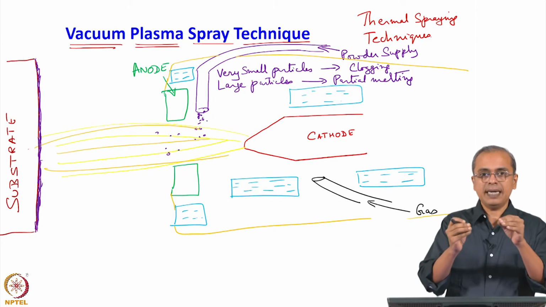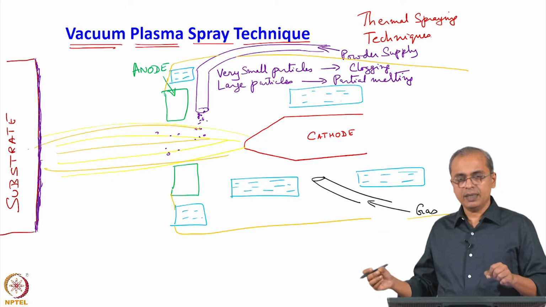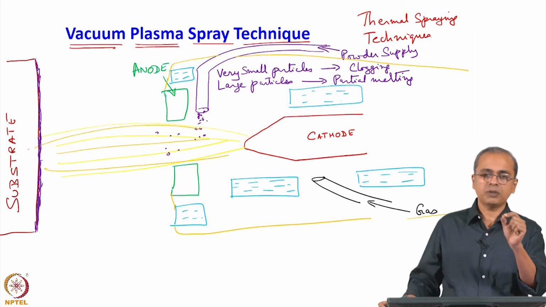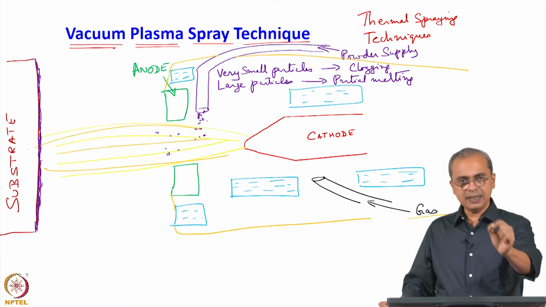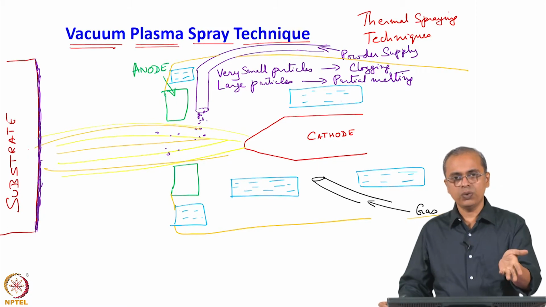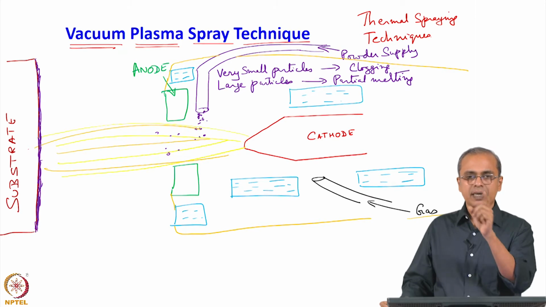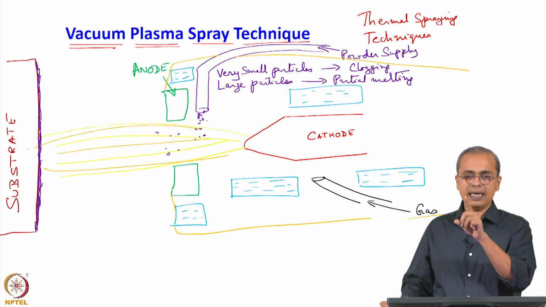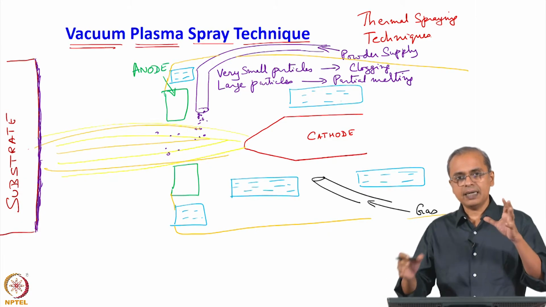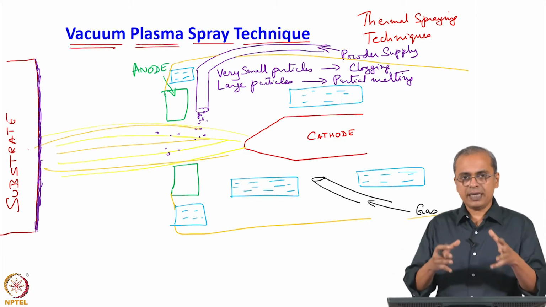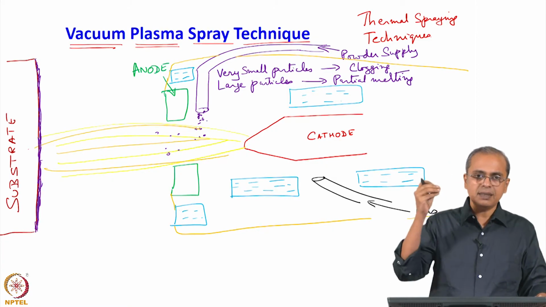Yes, on the one hand you have 10,000 Kelvin, on the other hand you have an 80 micron particle moving at around the speed of sound, or maybe even more, racing towards a target. Once it hits the target, it is going to cool to liquid nitrogen temperature. So, you have a very tiny amount of time during which this particle has to melt and stay molten till it hits the target. Even though you are putting 10,000 Kelvin temperature at that region, heat transfer takes some finite amount of time.